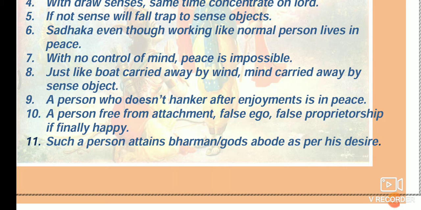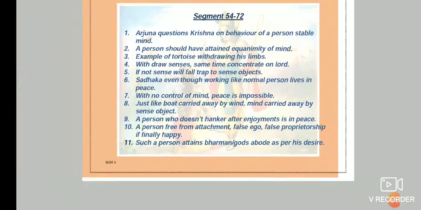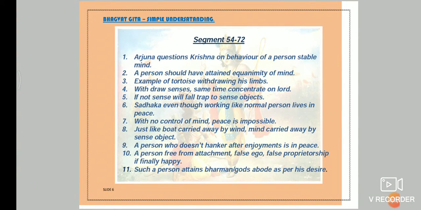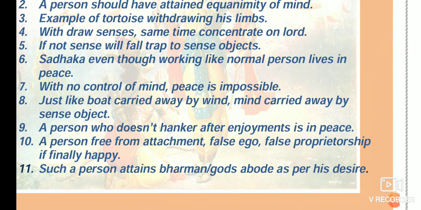Krishna says that after explaining all these points, a person who has given up these three, attachment, false ego, and false proprietorship, even at the last moment of his death, can go back to Brahman. For Advaita philosophers, it is going back to Godhead, that is impersonal; people who believe in the impersonal are called Brahmavadis.